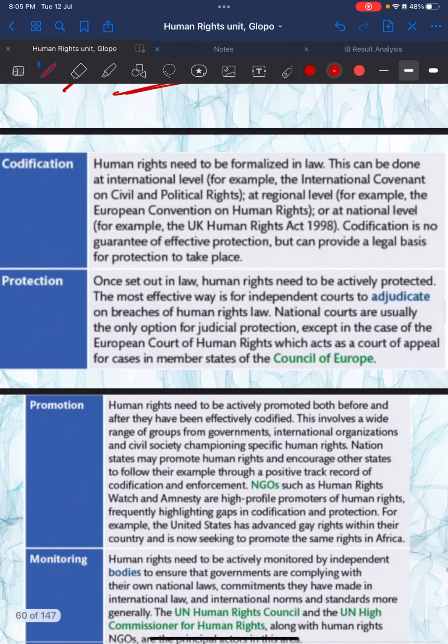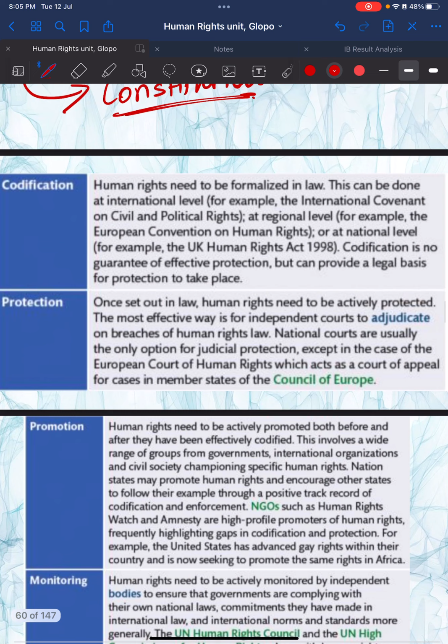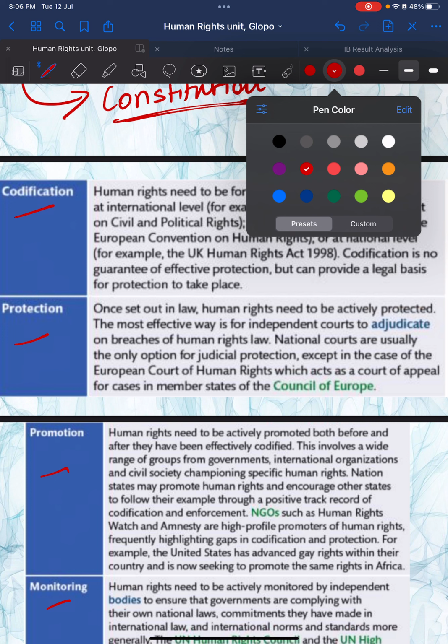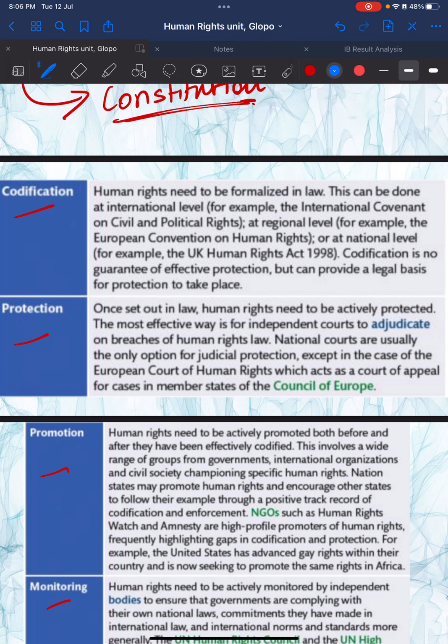Now these are some of the screenshots which I have taken from one of the textbooks published by Pearson. It gives smaller definitions of codification, protection, promotion, and monitoring. What it says: human rights need to be formalized in law.